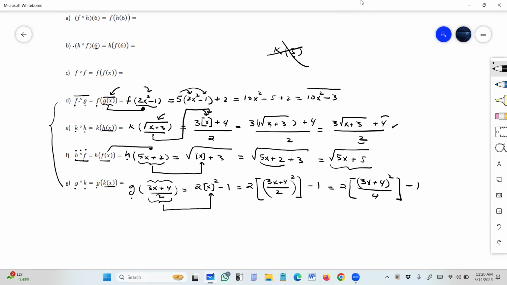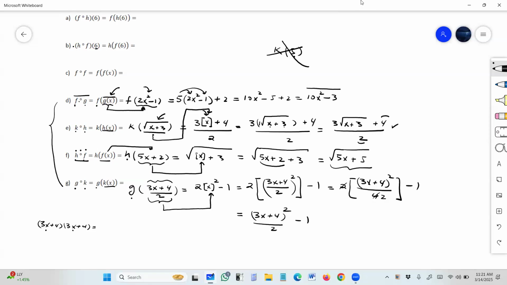All right. Now, these I can simplify already. So I have 2 in the denominator. So I have (3x plus 4) squared over 2 minus 1. Now I have to evaluate 3x plus 4 squared, which I can do on the side. I'm going to do it over here. 3x plus 4, 3x plus 4. So you do this on a scrap paper, and then you FOIL this, right?